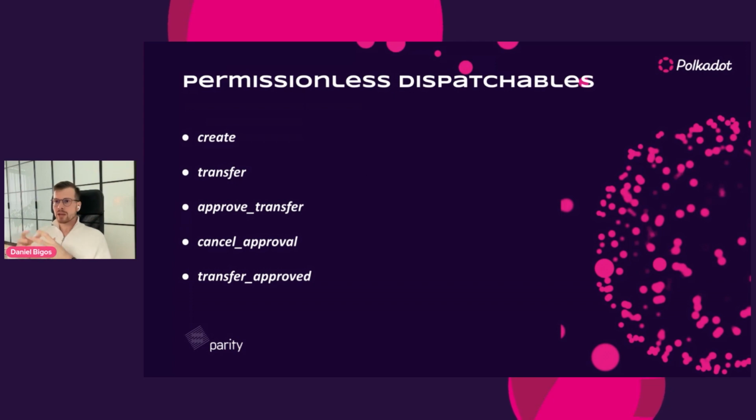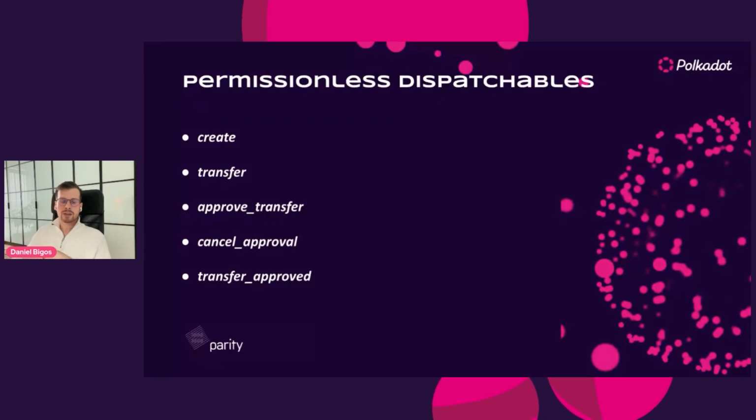We have an asset created. One point here about asset creation is that an account that wants to create an asset needs to have some money to pay a deposit for asset creation. Besides asset creation, just a regular account can transfer assets from itself to any other account.